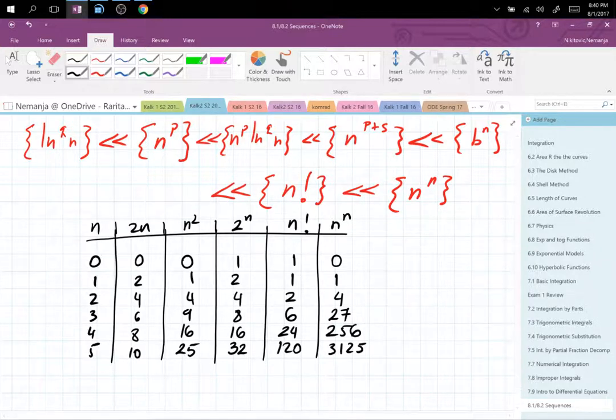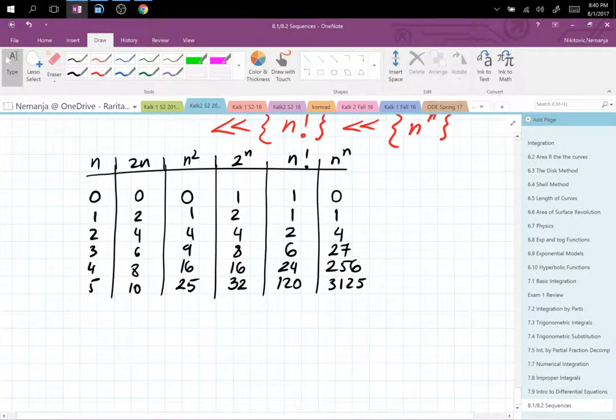Now, why is this good to know? Because when you are hit with a limit as n goes to infinity, if you know growth rates of functions, you can immediately claim the answer. Slower divided by faster is 0. Faster divided by slower is going to be infinity.